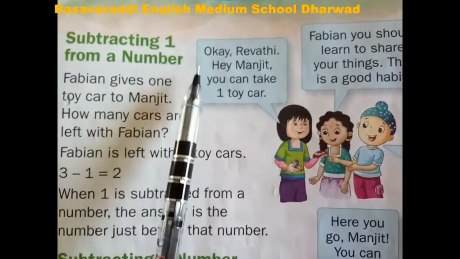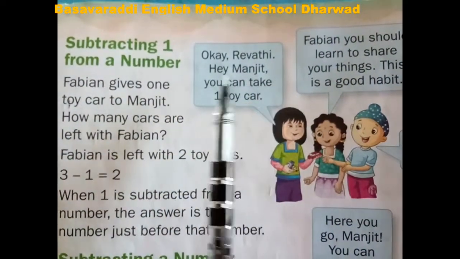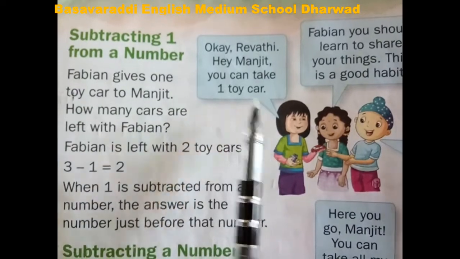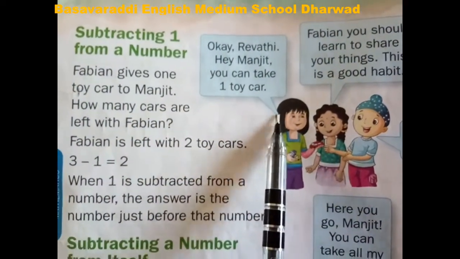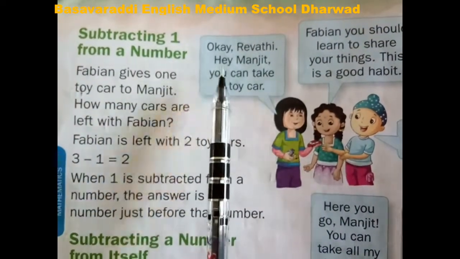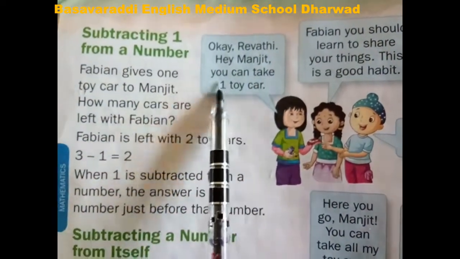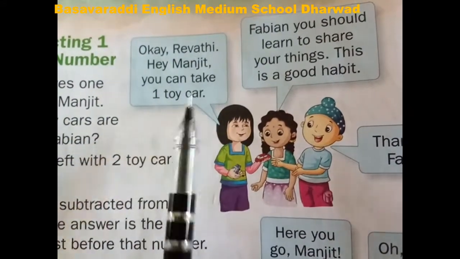Now what happened? Revati is telling Fabina, hi Manjit, you can take 1 toy car.